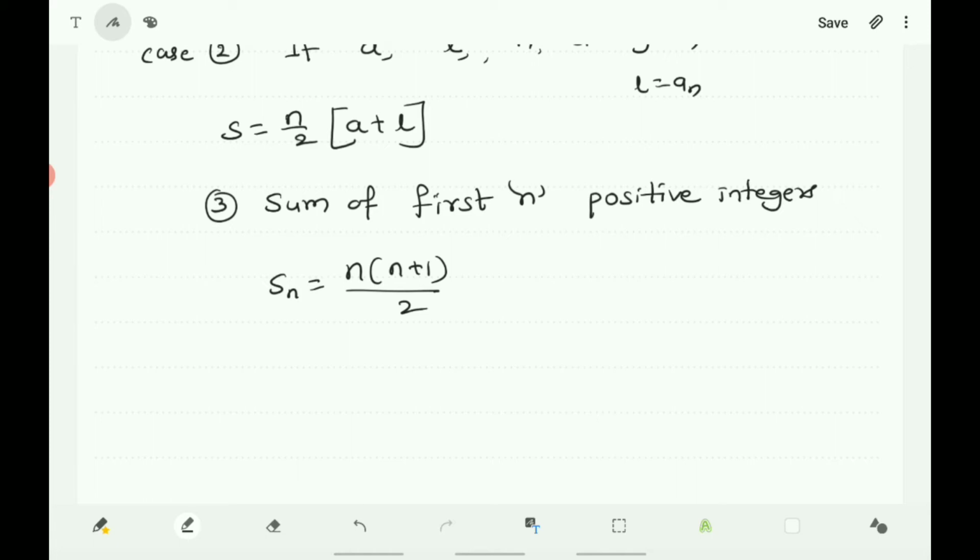So by using these three formulas, it is possible to find the sum of first n terms of an AP.